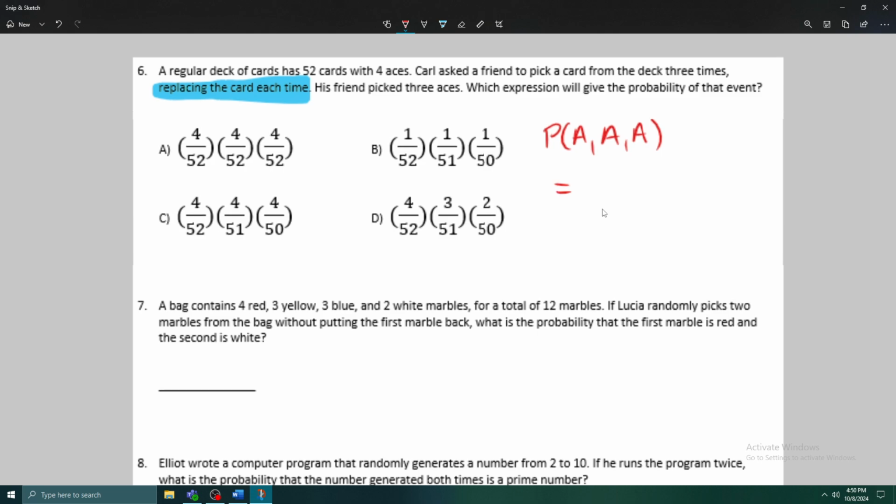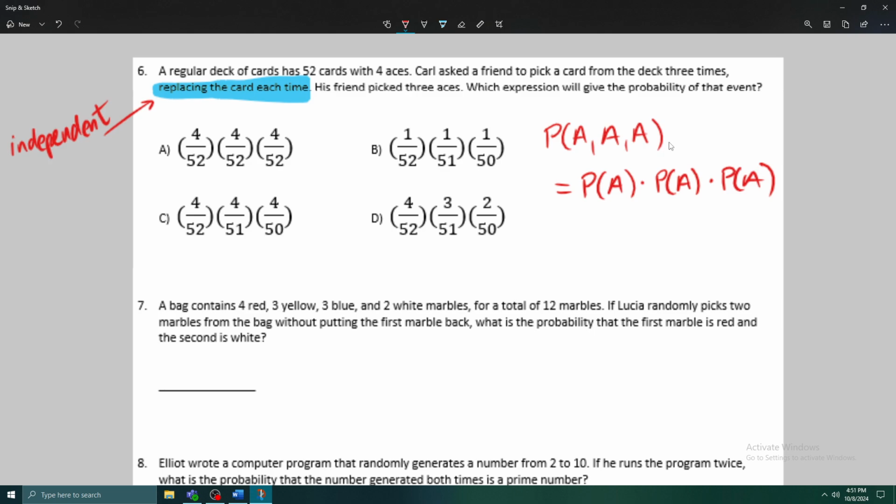Well, since he replaced the card each time, we know that these are independent. Like I said, as soon as you see independent, you can go robot mode and just start multiplying, right? And this one's not even asking you for a final answer. It's just asking what expression will give the probability of that event?